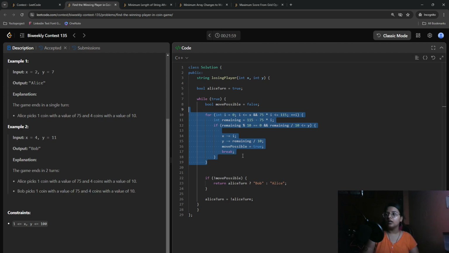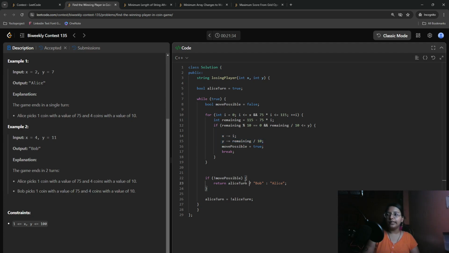Now here we have checked if not move possible, meaning at that particular point the move was not possible, meaning we have used all the coins, because anyhow we are doing this. So at some point there would be a possibility that we have used that combination of coins, and a move is not possible.